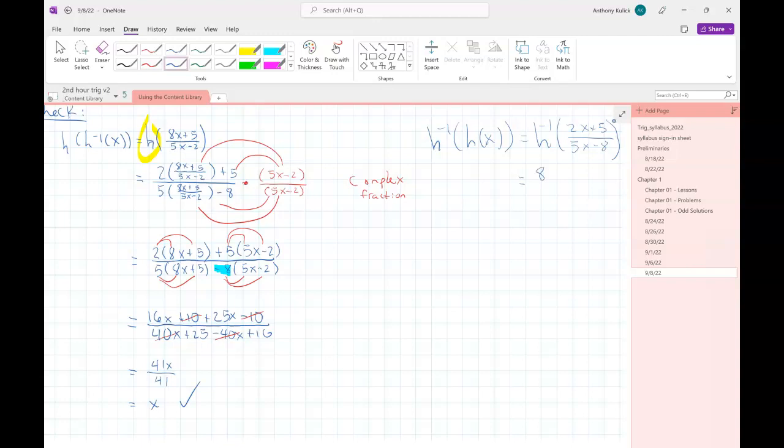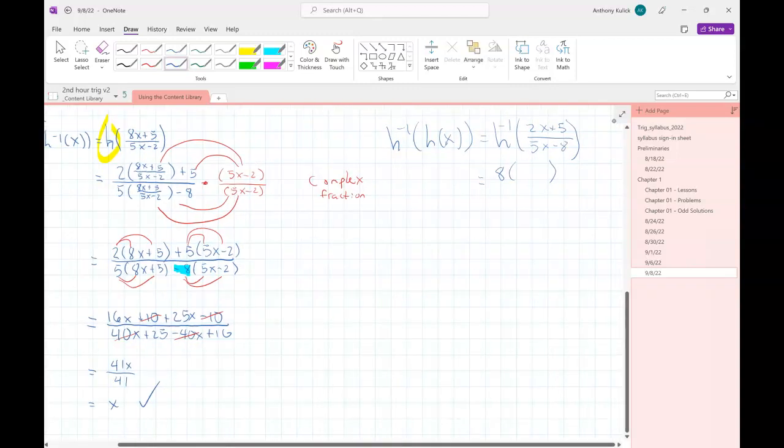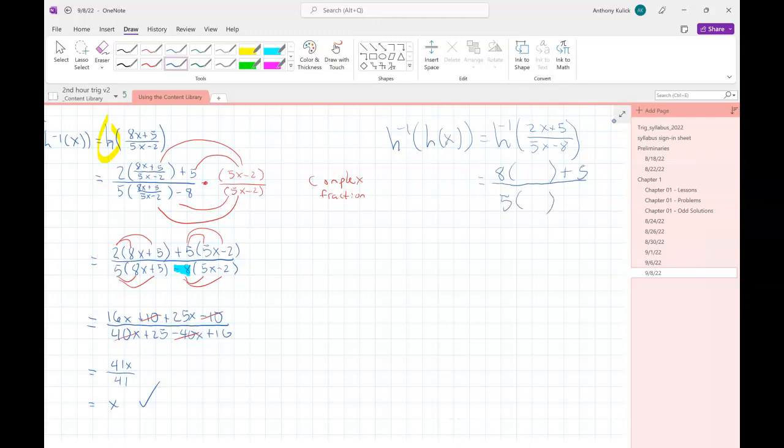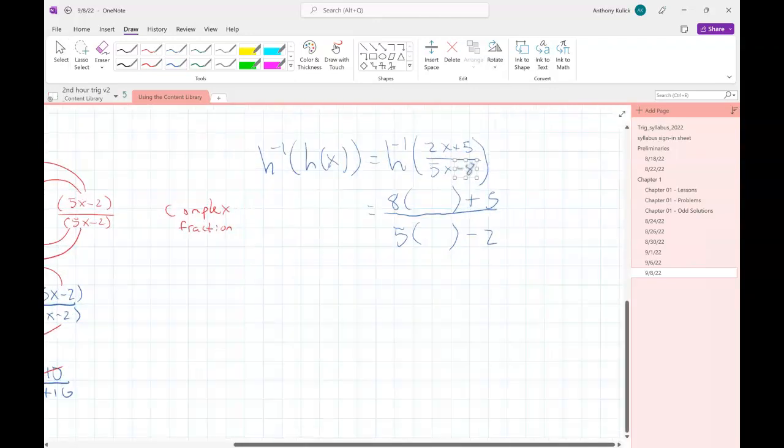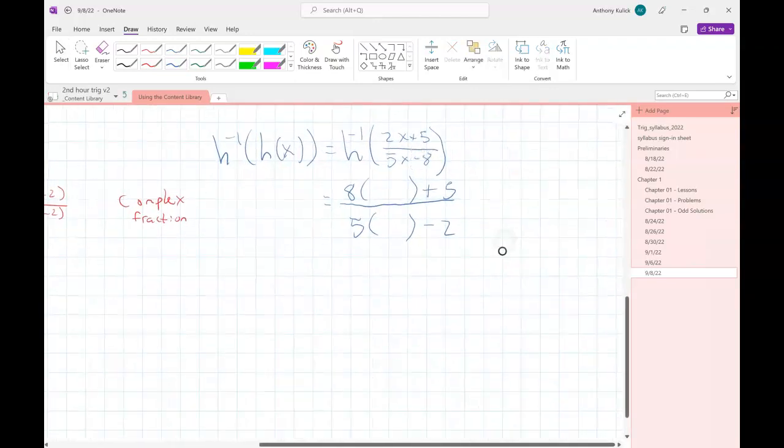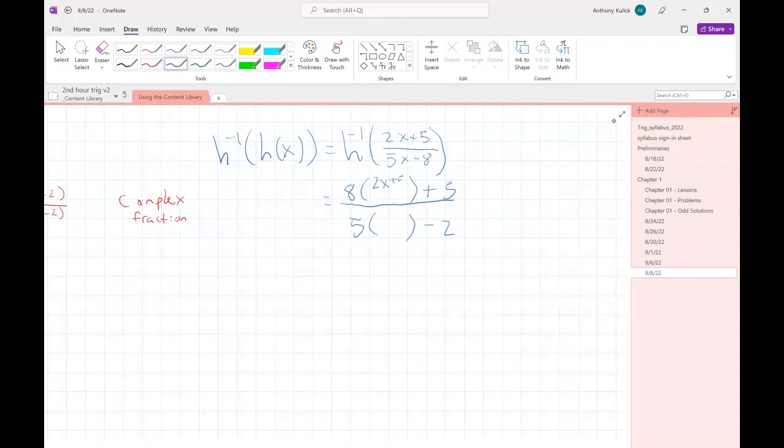So h inverse was 8 times x, I'm going to put a big parenthesis there, plus 5 all over 5 times big parenthesis minus 2. And in place of my big parentheses, I'm going to write 2x plus 5 over 5x minus 8.